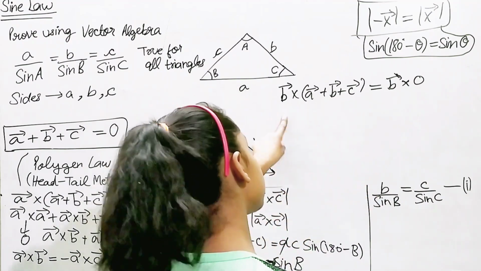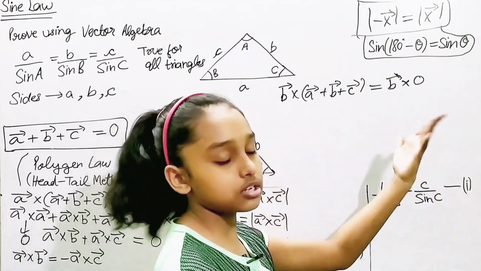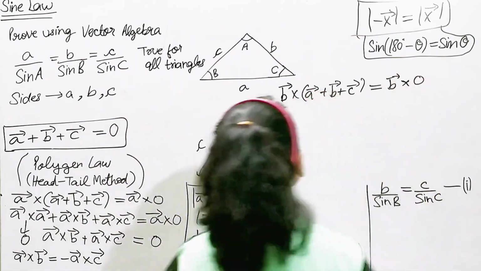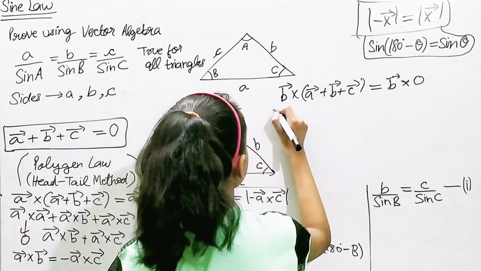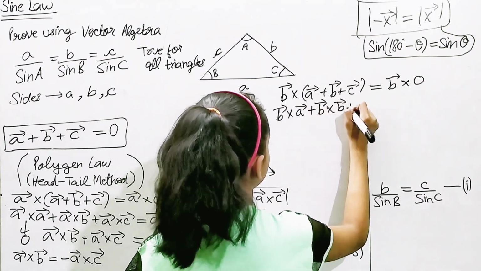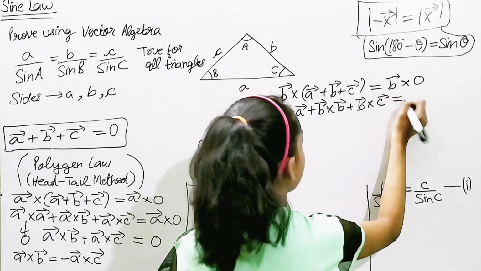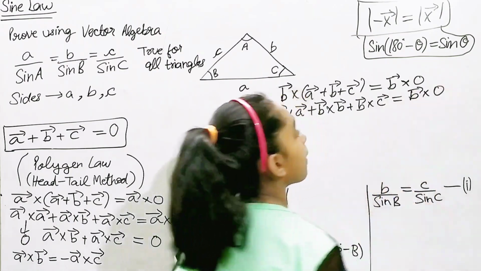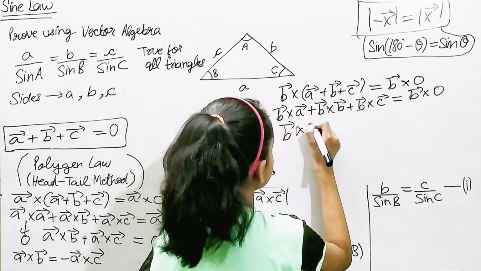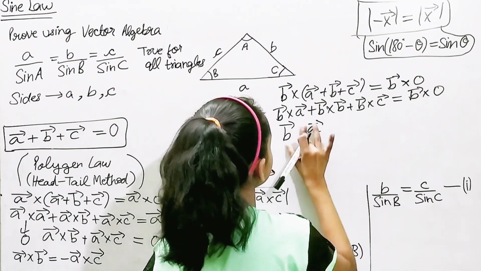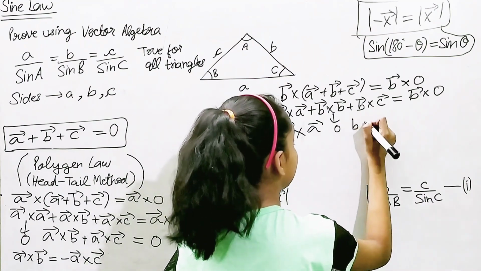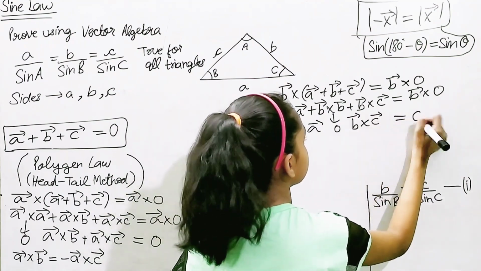Now B will come. Why? Because now we're going to see our vector B. Simple, it will be our vector B. So now same as it is, I'm going to write B into A, then B into B, then B into C, then as it is B into 0. So now what we will get is B into A, and this will be 0, and this will be B into C, and here 0.